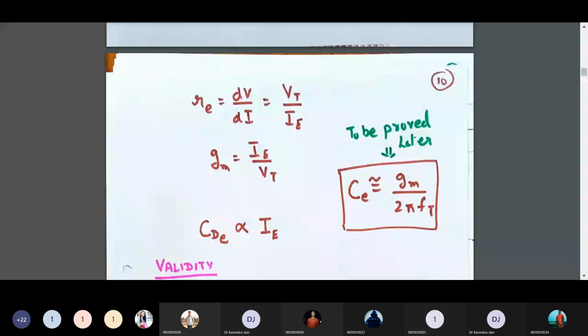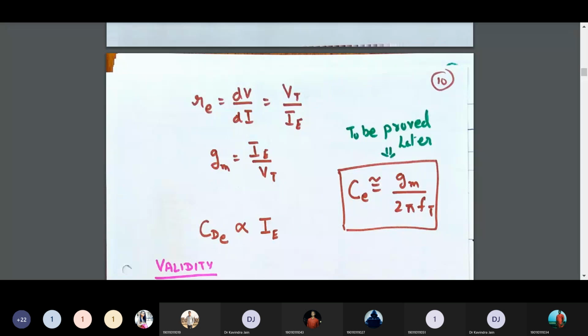If VBE changes slowly with time, the minority charge carrier distribution in the base is always a triangular graph. As you can see in the graph, at x equal to 0 and at x equal to W, the slope would remain the same.